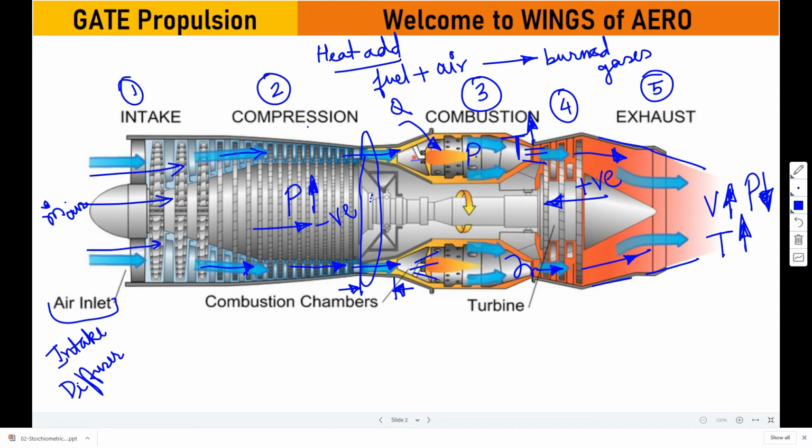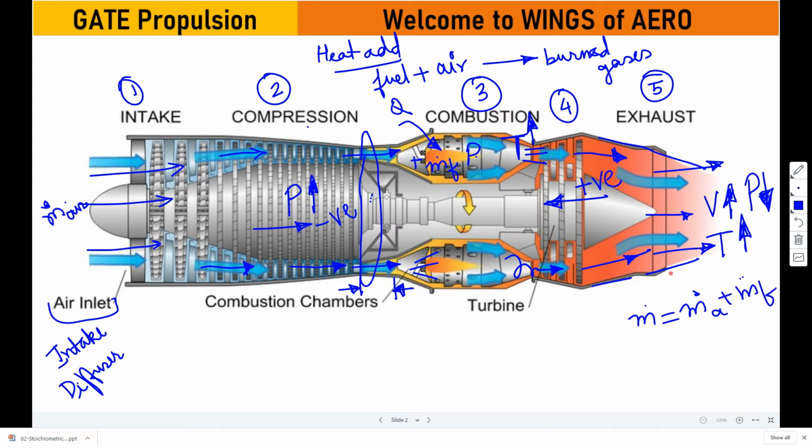And here you are adding the mass flow rate of fuel. So when it expels out from the nozzle, the total mass flow rate becomes m dot of A plus m dot of F.